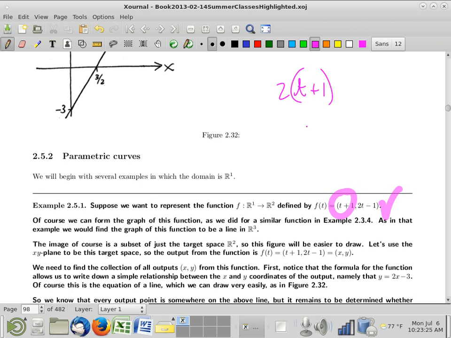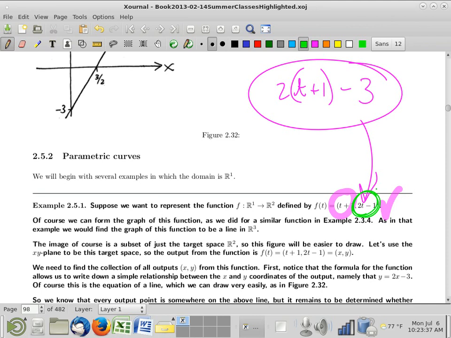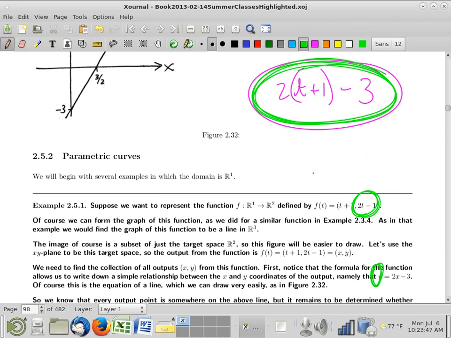I want 2t minus 1. So now let's subtract 3 from it. So y is 2x minus 3. Everybody see what happened there?